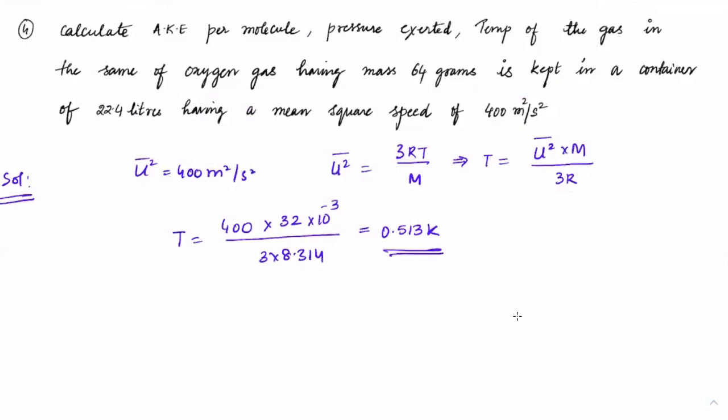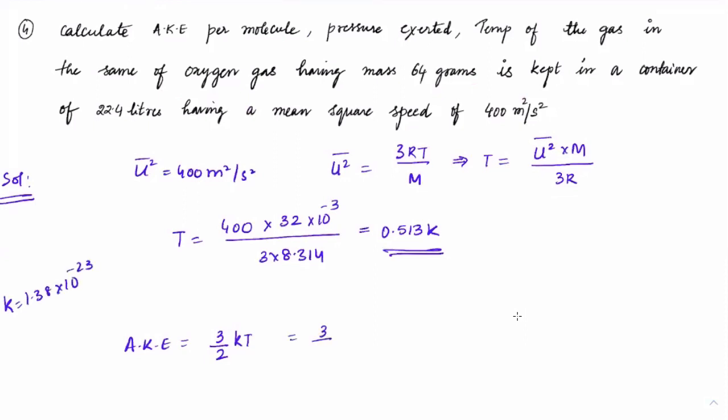Now we wanted to calculate the average kinetic energy per molecule. Average kinetic energy per molecule was found to be 3 by 2 into kT. It does not depend upon number of moles. The value of k is 1.38 into 10 raised to the power of minus 23.